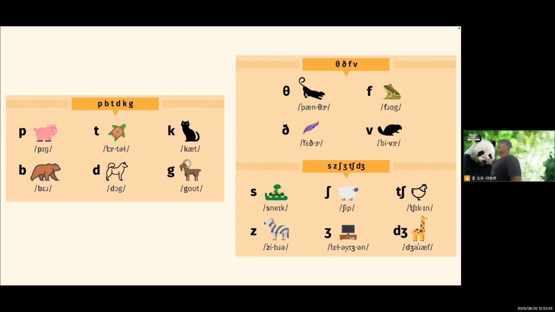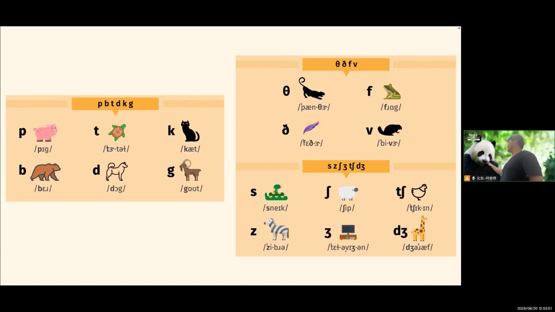So again, okay, F. For the V sound, make sure you have to bite here, 咬你的嘴唇上面.